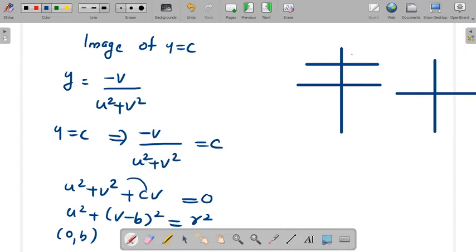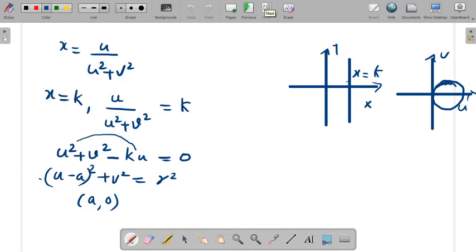So the image of y is equal to c will be circles that pass through the origin and with center on the imaginary axis, u equal to 0. So that is the image of y is equal to c, and we can combine these two pieces of information to find the image of a rectangular region.